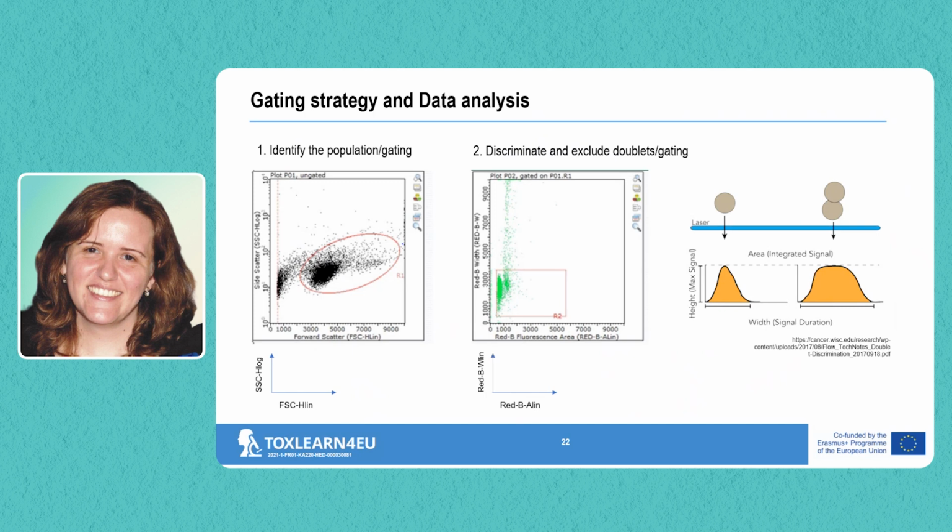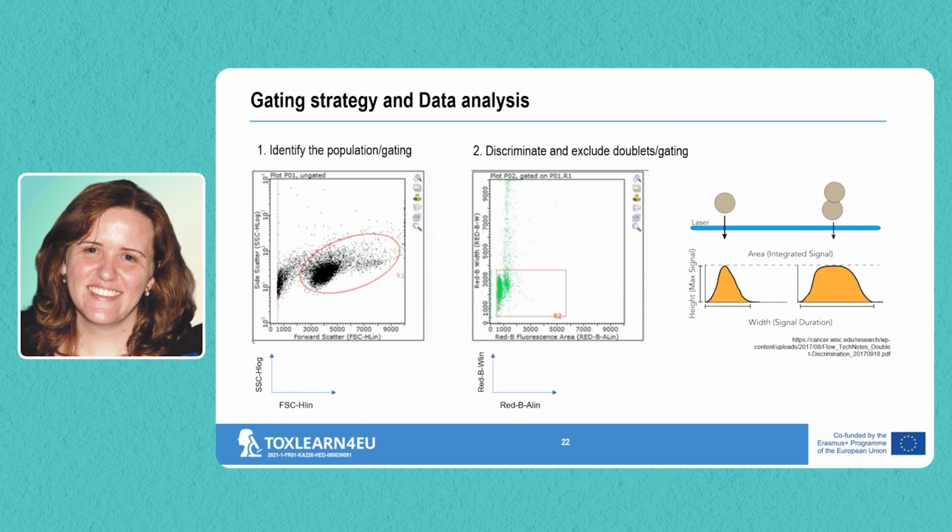Remember, here we have created a region in the population of interest. So in the next plot, you see here that the plot is gated on P1, R1. So here you can only see what is here. Everything else was excluded. And now we will do the same.